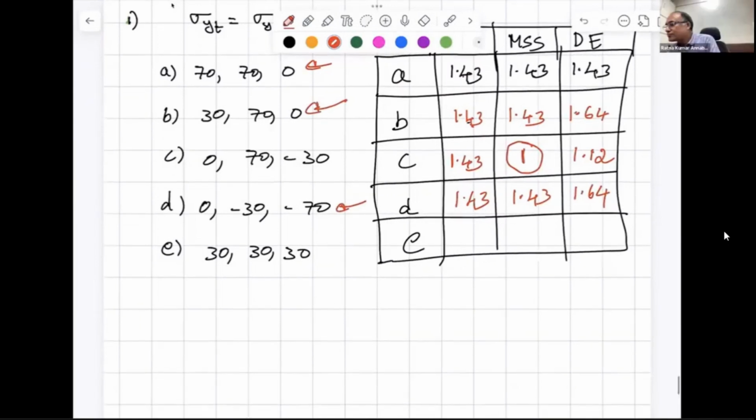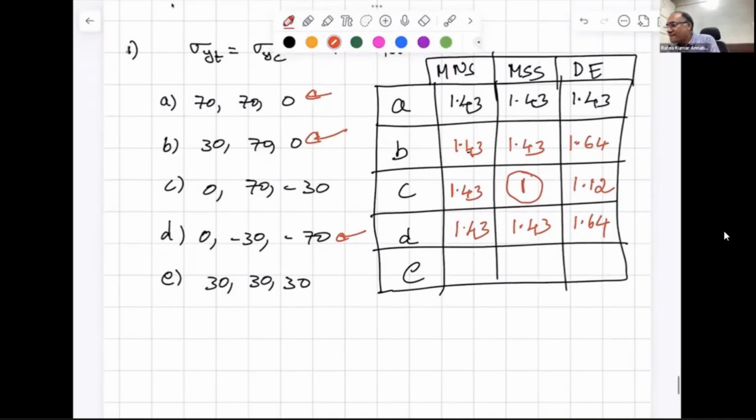What about E? I'm getting 3.33 for normal stress theory. For shear stress, I'm not sure whether I'm getting it wrong, sir.